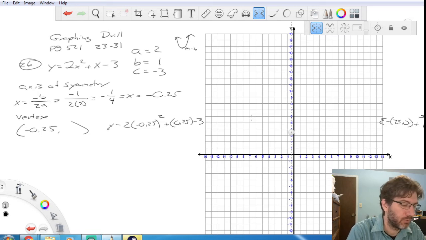Don't forget your order of operations, do exponents first. So you have 0.25 to the second, which is going to give you a positive 0.0625. Now we're going to multiply that by positive 2.